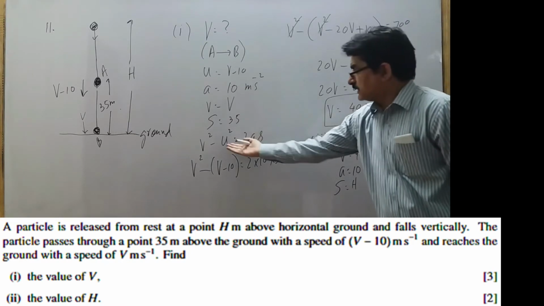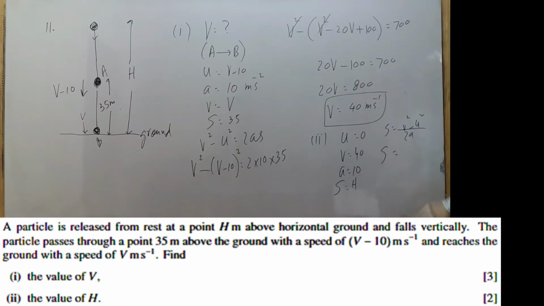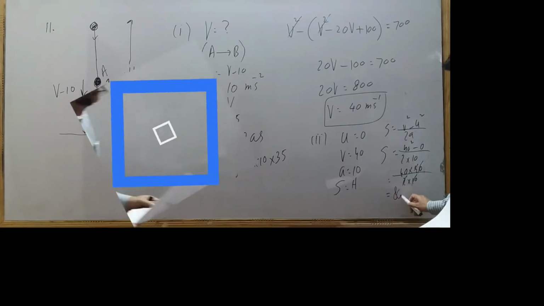Putting the values, v square is 40 square minus 0 divided by 2 into 10. This is 40 into 40 divided by 2 into 10. The 10 cancels, 2 2s are 4, so it is 80 meter.